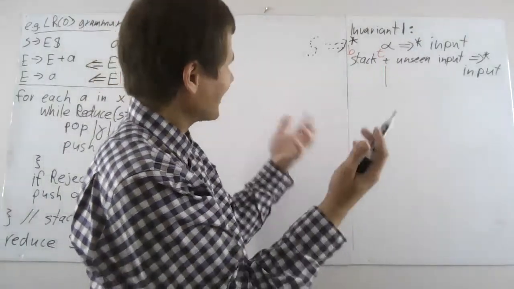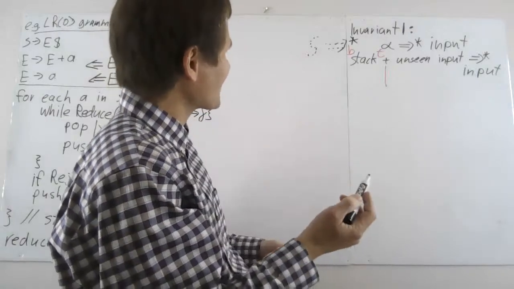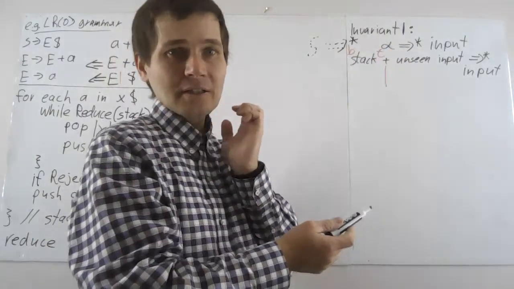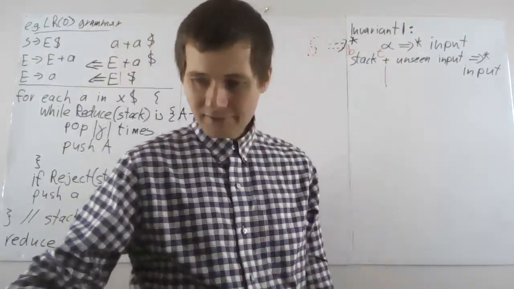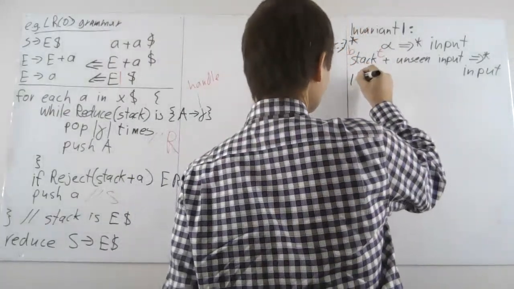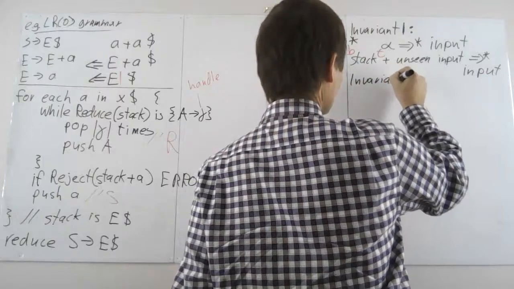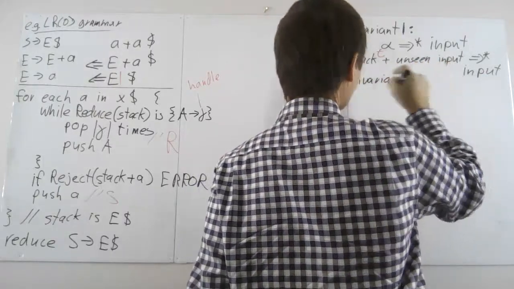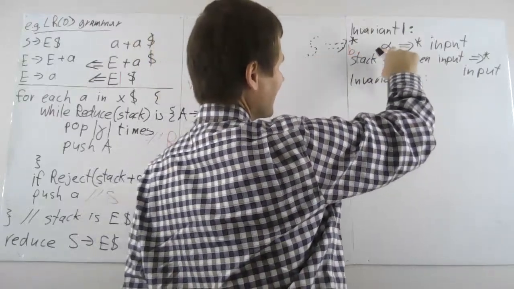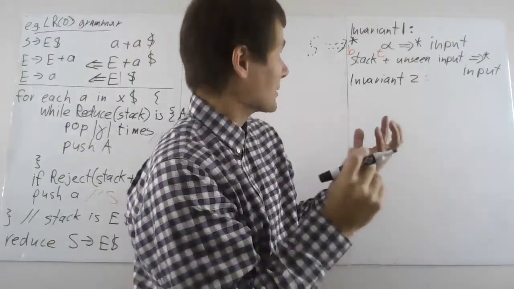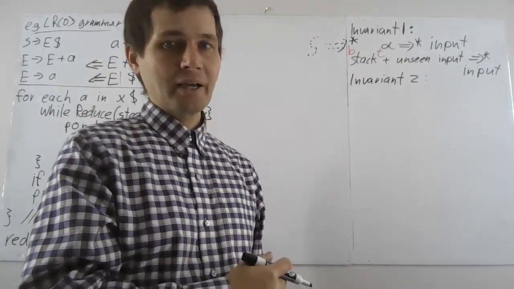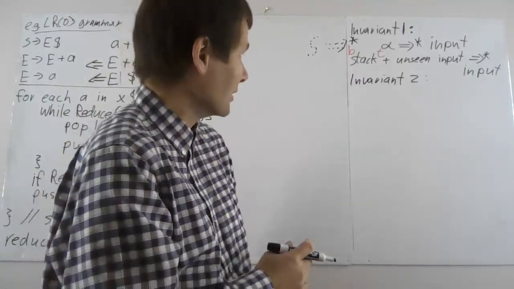One thing we could try to do is make invariant 2 say S derives alpha. But that doesn't work, because if I had invariant 1 and invariant 2, then we would know that S derives alpha and alpha derives the input. That would mean that the input has to be a valid input, in the language defined by the grammar. But what if it isn't?